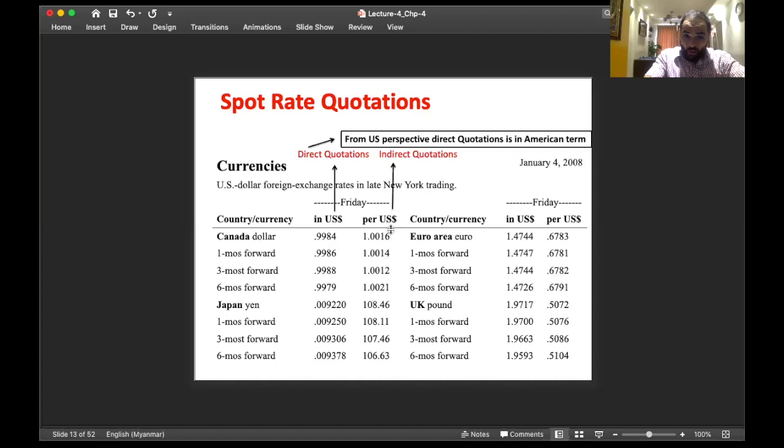So they are not same. All right. So if you enter in a forward contract in the future, you compare this price with these price to find you have profit or you have loss. Same thing with the indirect quotations. All right. So this is the best example to understand spot price and the forward price.